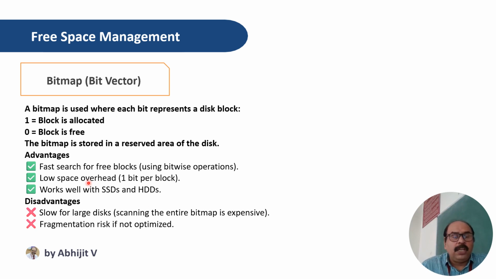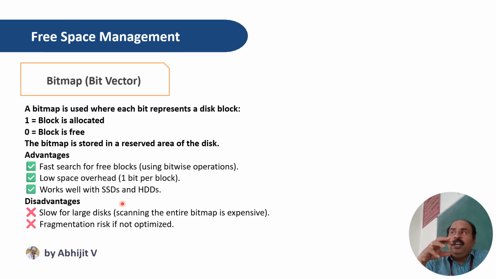So what are the advantages? Point number 1, you can easily find out which block is free. Point number 2, low space overhead. Point number 3, works well with all kinds of disks. Actually, we have a lot of dynamic disks, static disks, so many types of storage devices and hardware devices.